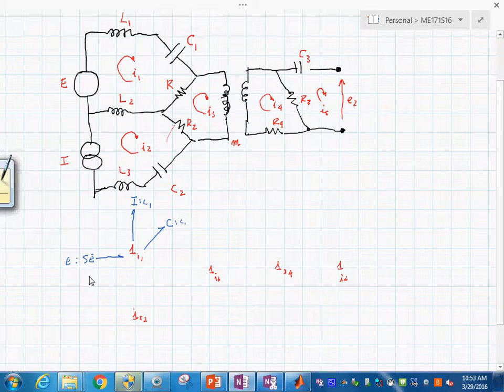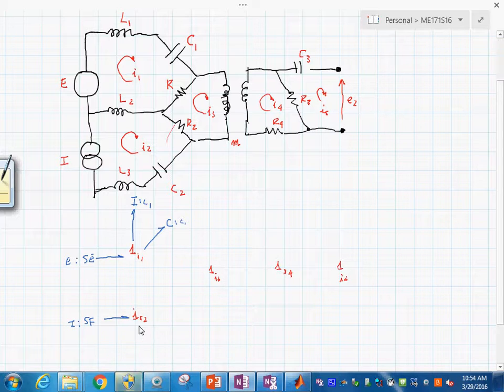In here on I sub 2 you have one that is a source of flow with value I, and then you have another I element with value L sub 3.